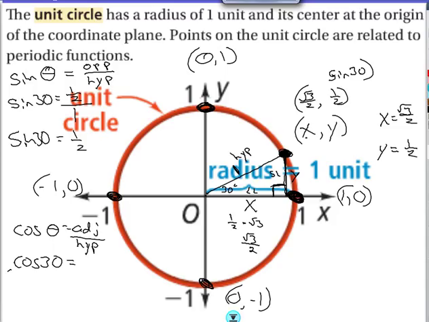Square root 3 over 2 over the hypotenuse, which we said was 1. Anything divided by 1 is itself.